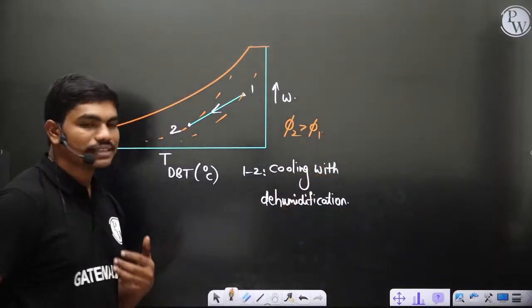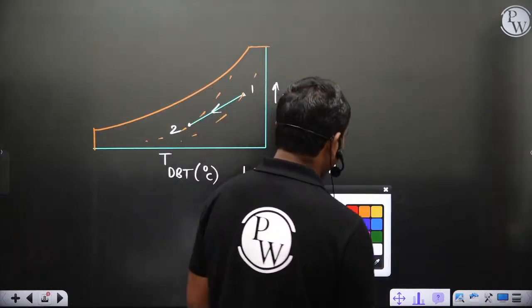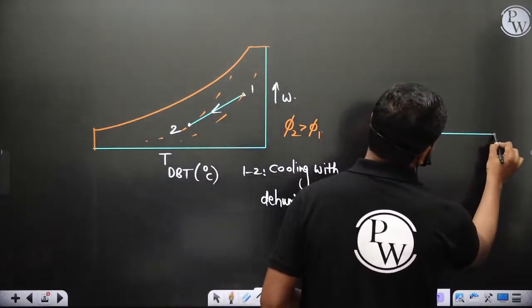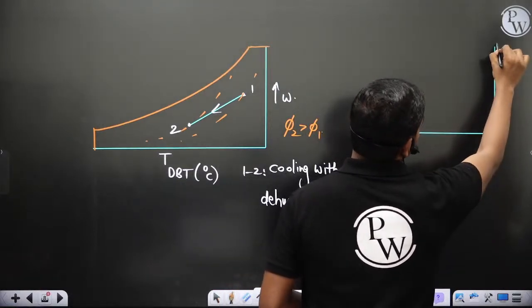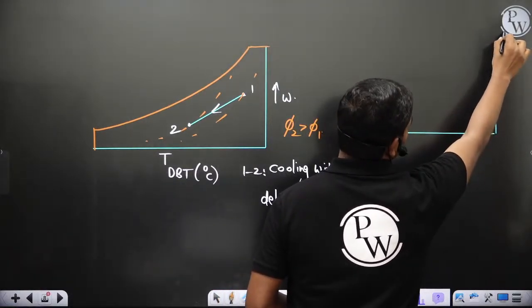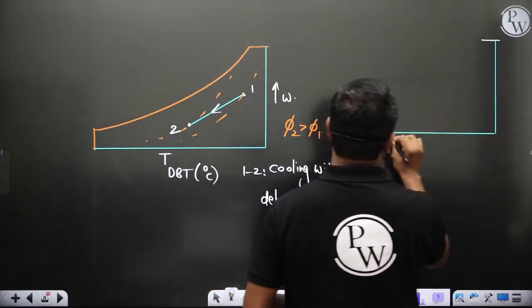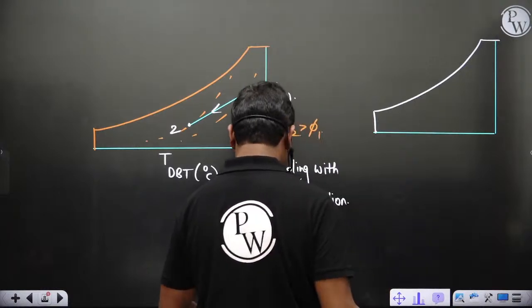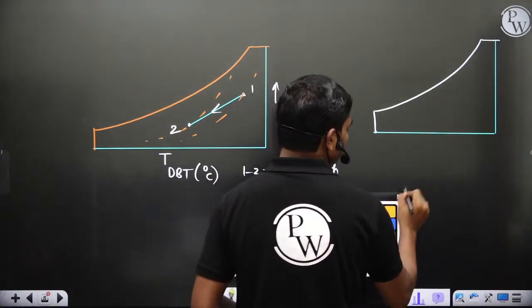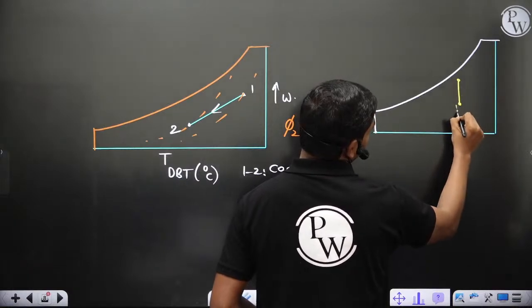So if you want to generalize all these processes in a psychometric chart, I'll just show some generalization for you, so you can name those processes. Let's say this is my point 1 in all the cases.